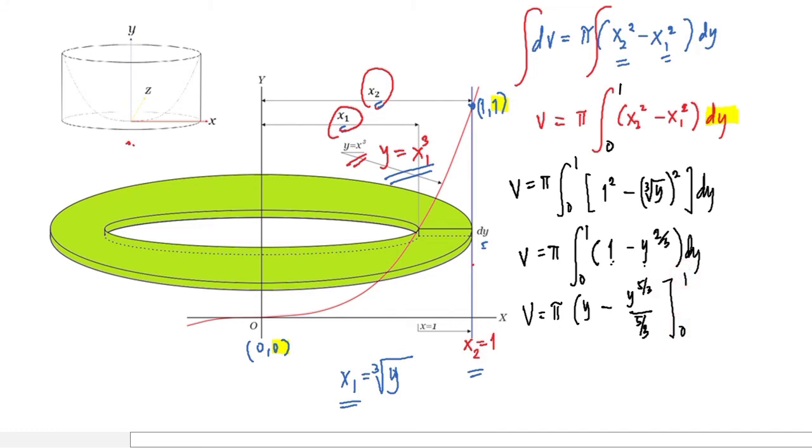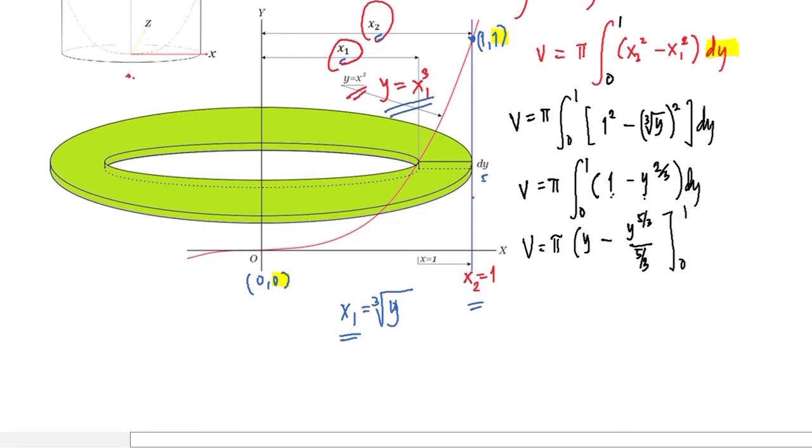So evaluating our limit, we have here volume is equal to pi. For the upper limit, that is 1 minus the reciprocal for this, so we have 3/5 multiplied by 1 raised to 5/3. This is for the upper limit. Minus the lower limit, as we can see here, since the lower limit is 0, that would be 0, so the lower limit would just be equal to 0.